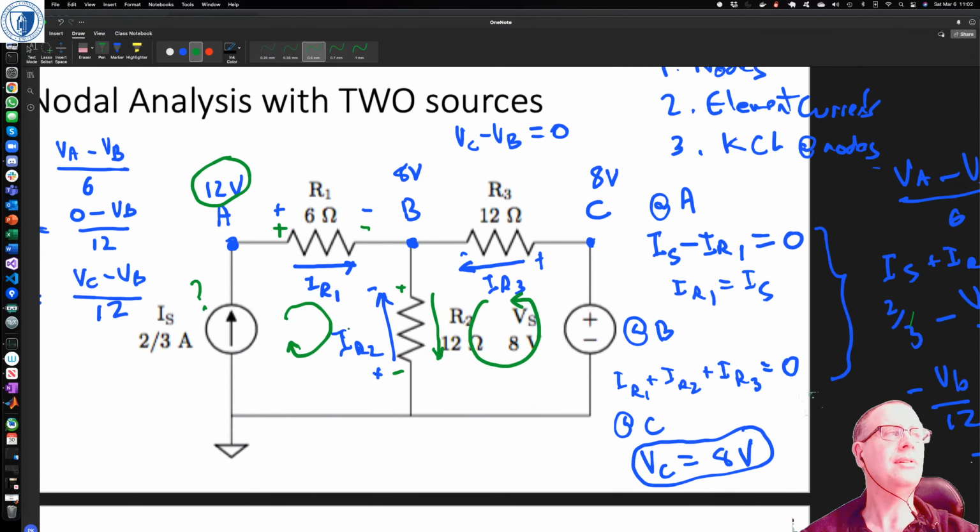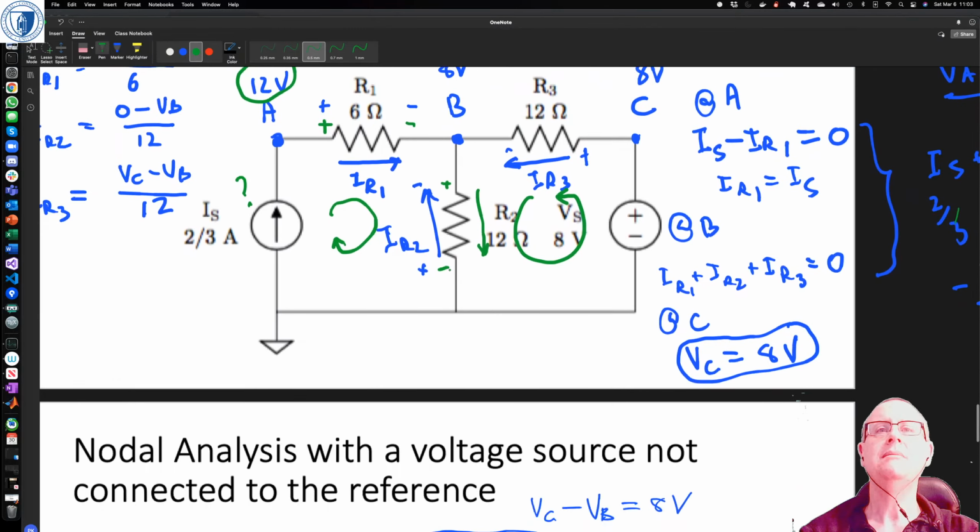Again, my preference for nodal analysis is to try and find one node to make all of the element currents flow into. You don't have to. It just means when you do the KCL equation, the element currents that flow out of the node are negative, right? Because flowing out of the node is the negative of flowing into the node. Okay?